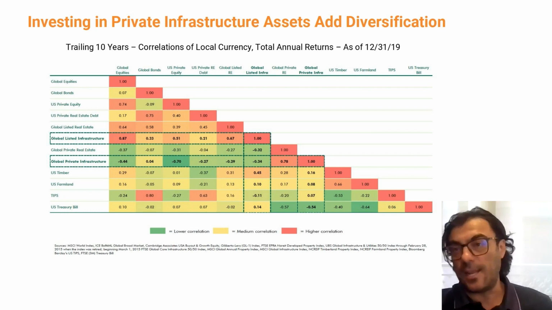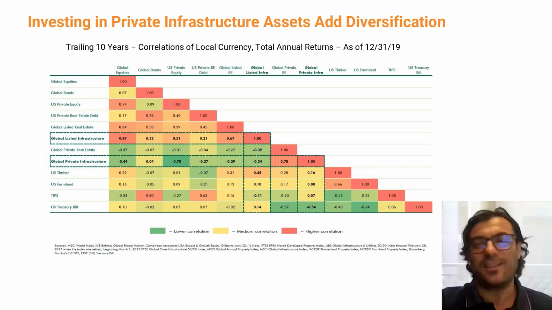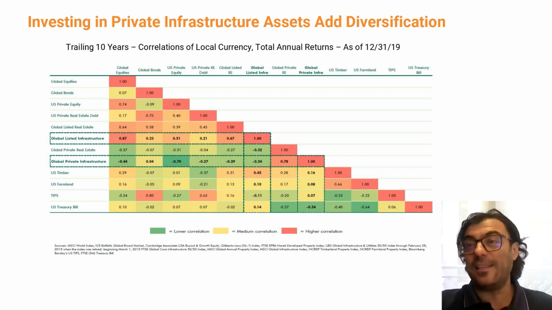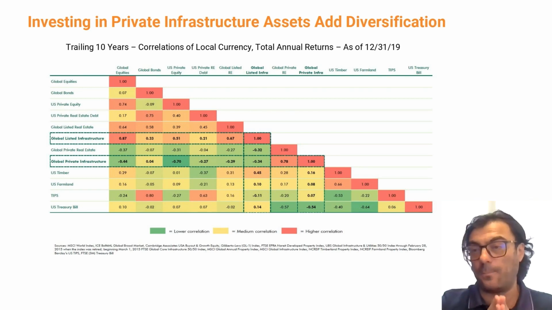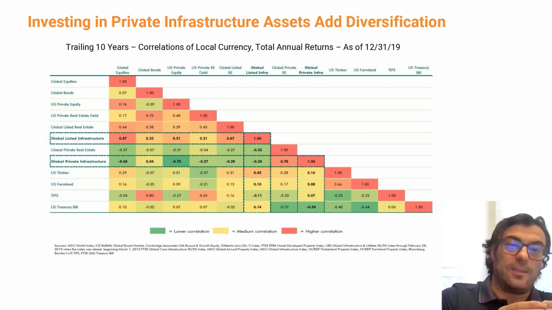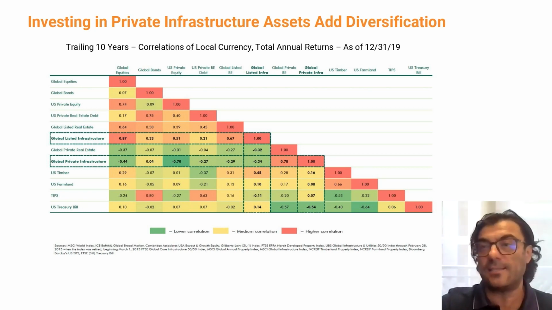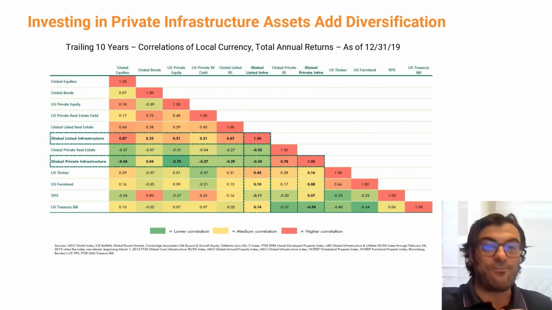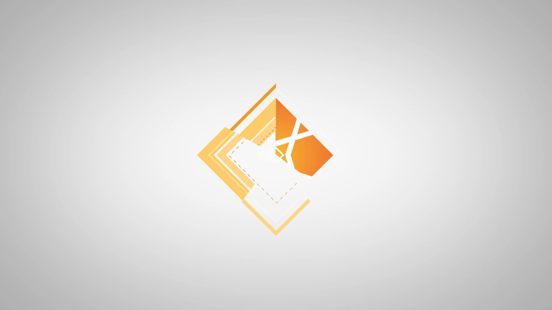And that's the only number that really matters in this chart. Adding exposure to infrastructure in a portfolio, even if it is limited to the infrastructure that can be characterized as real estate, really lowers the risk and increases the diversification of the portfolio.